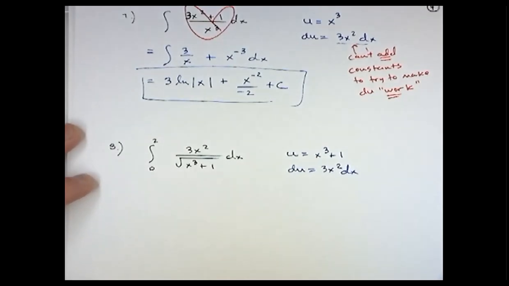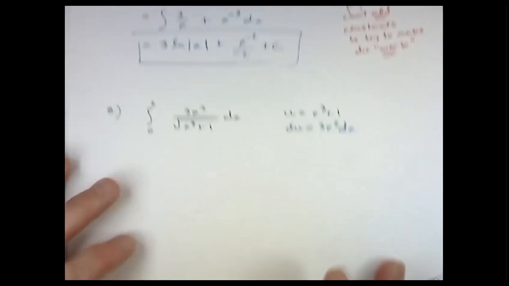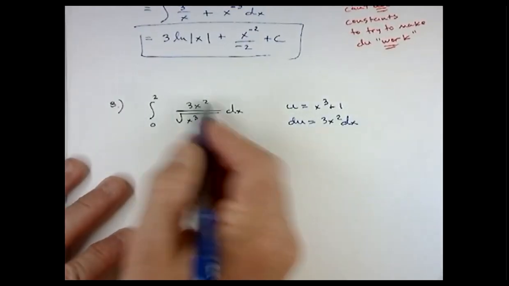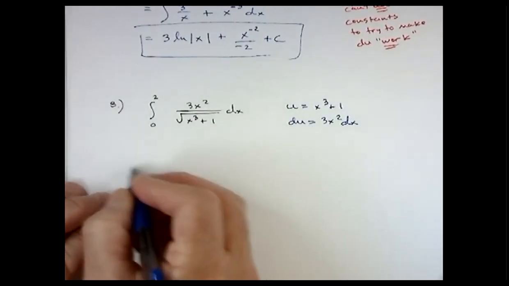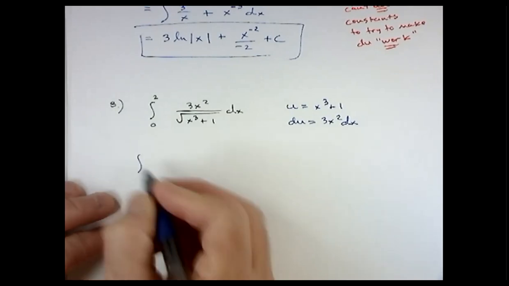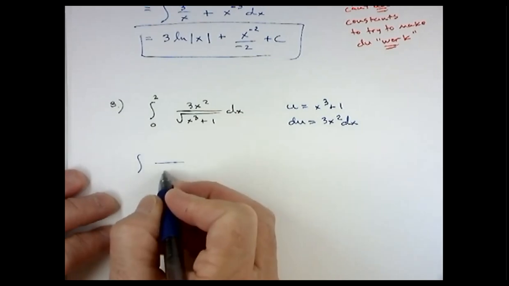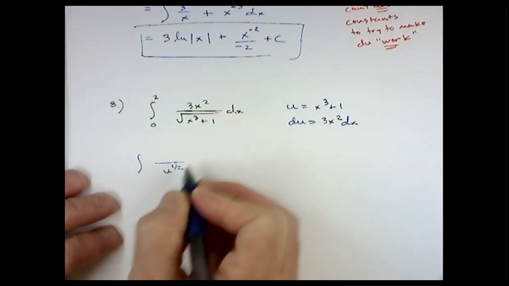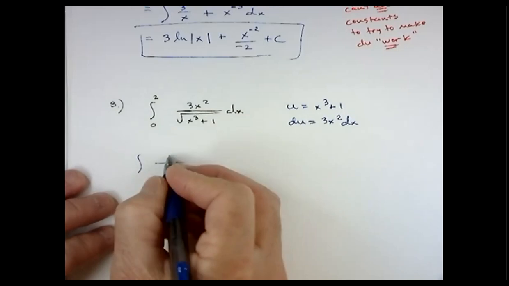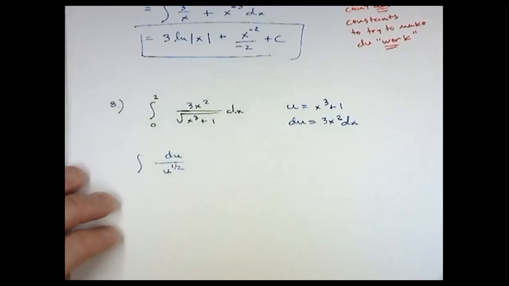Okay, so in terms of converting this, this is the square root of u on the bottom. So I have u to the 1/2, and I have du on the top. So I have it sitting like this, okay?